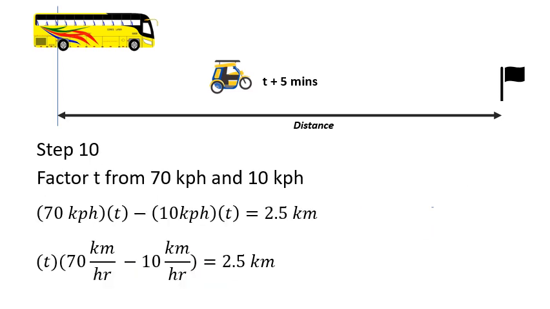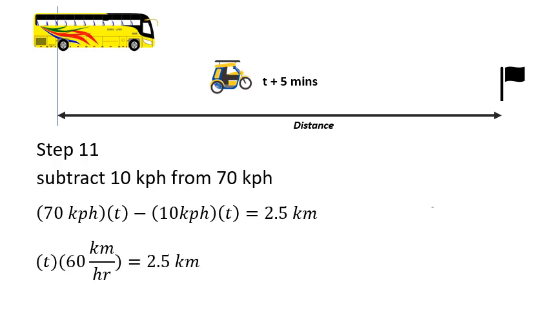Since time is common to one side of the equation, we can directly subtract 70 kilometers per hour by 10 kilometers per hour. That gives us 60 kilometers per hour times time is equal to 2.5 kilometers.